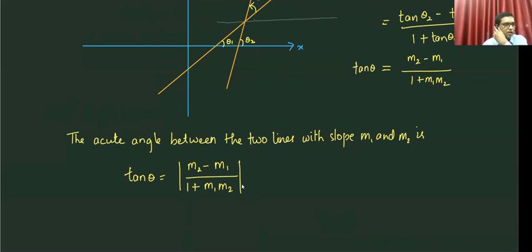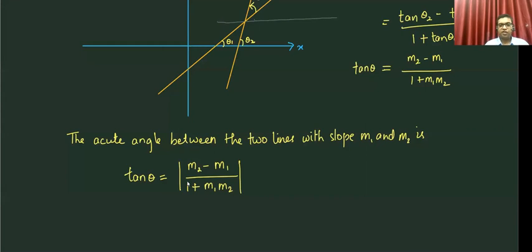Okay, just take the modulus and you get the result, because for an acute angle the tangent ratio will be positive. So when you take the modulus you get the positive. If you take the negative value of this, you will get the obtuse angle. Simple, acute angle and obtuse angle.